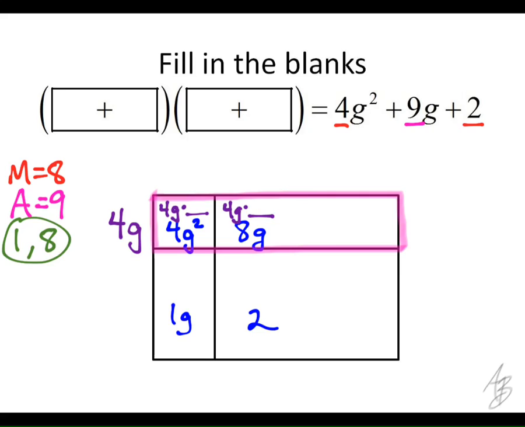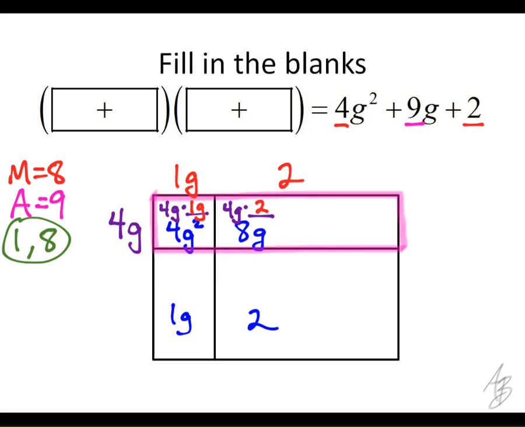All right, we have the 4G here, so it's going to be 4G times something and 4G times something to get these two areas. What do we multiply by 4G to get 4G squared? 1G, right? So the width of this one's going to be 1G. What do we multiply by 4G to get 8G? 2. So the width of this one is going to be 2. Then we go down to the bottom here. Since the width of the rectangle up here is 1G, it's going to be the same here.